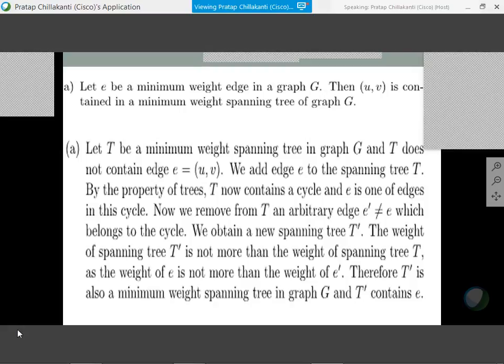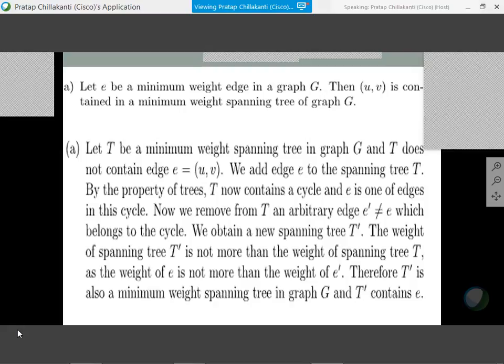We say, let's assume that it does not contain that edge to begin with. Then we add that edge to the spanning tree. Since one of those vertices is already in the set, by adding that edge you're forming a cycle.